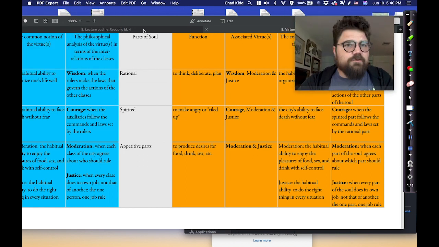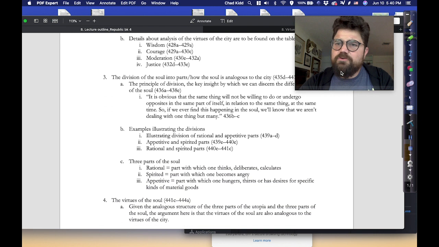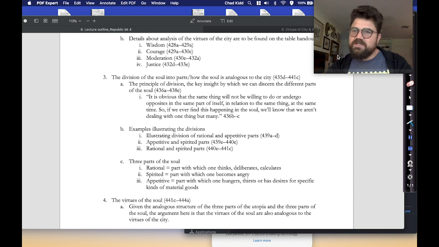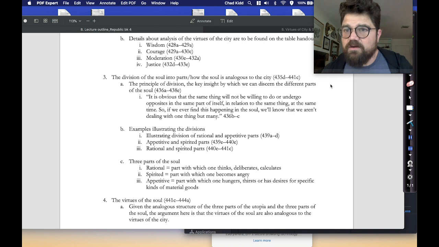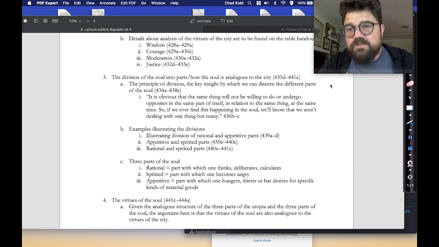So we've been going on for quite a while now. I'm going to go a little bit faster with regard to the division of the soul into three parts. After we get that on the table, the discussion about the virtues of the soul should fall out quite quickly. Because what we have to do in order to see the virtues in the soul, now that we've discerned what the virtues in the city are, is see how the soul is, if at all, analogous in its workings to the workings of the city.